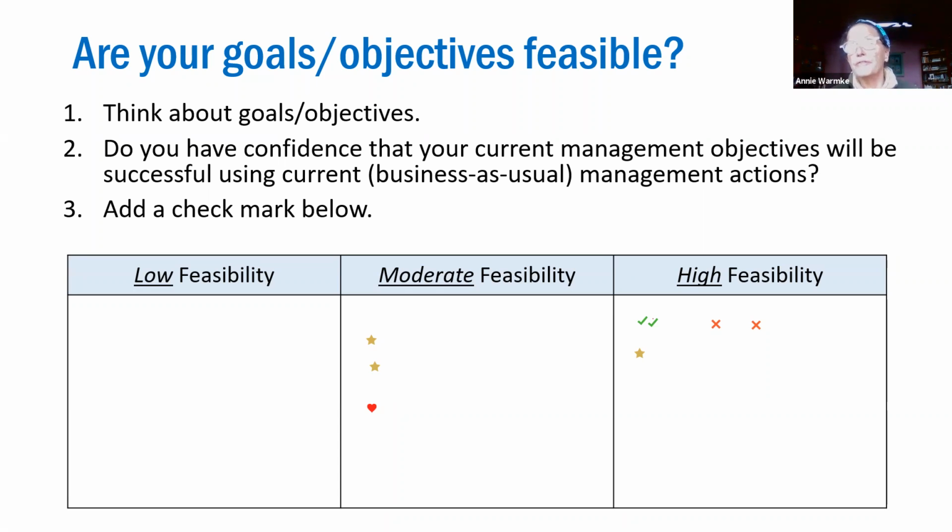So when we get ready to finish the forest management plan, we can say, all right, there are these species over here and they may have some jeopardy. So that could be low feasibility or moderate, but we're going to do some other kind of companion stuff with that, or swales or whatever, and see if we can up that.